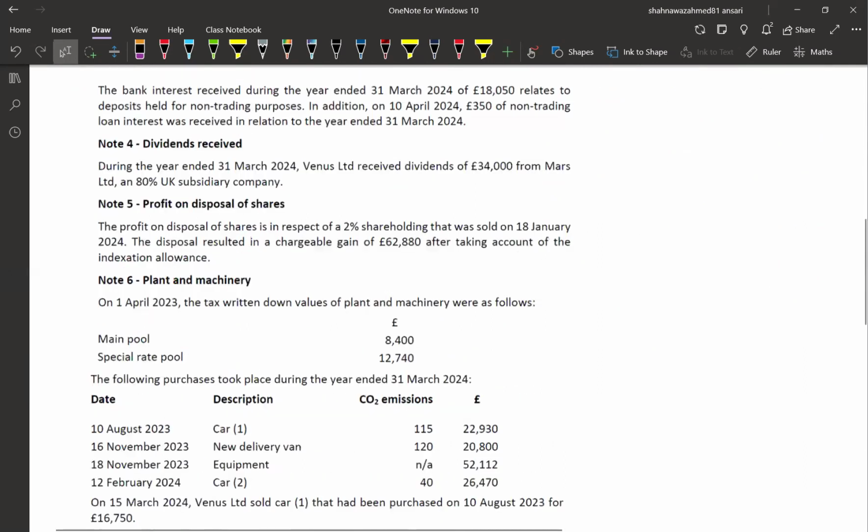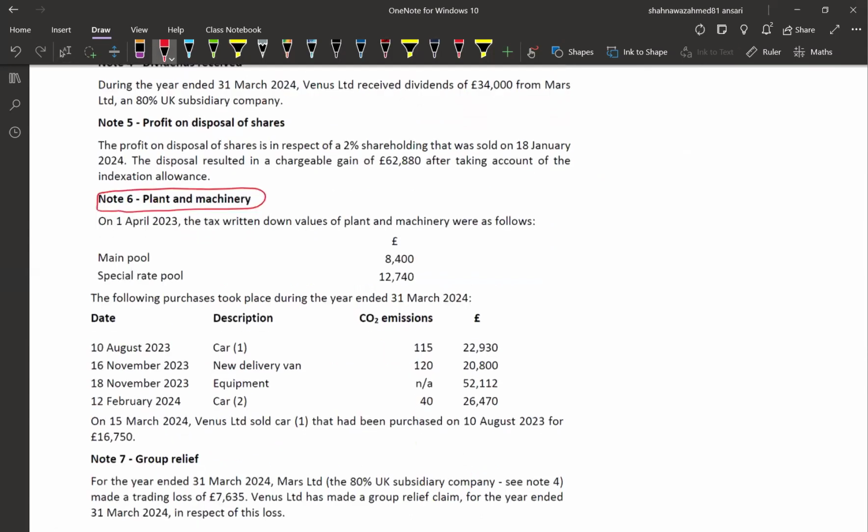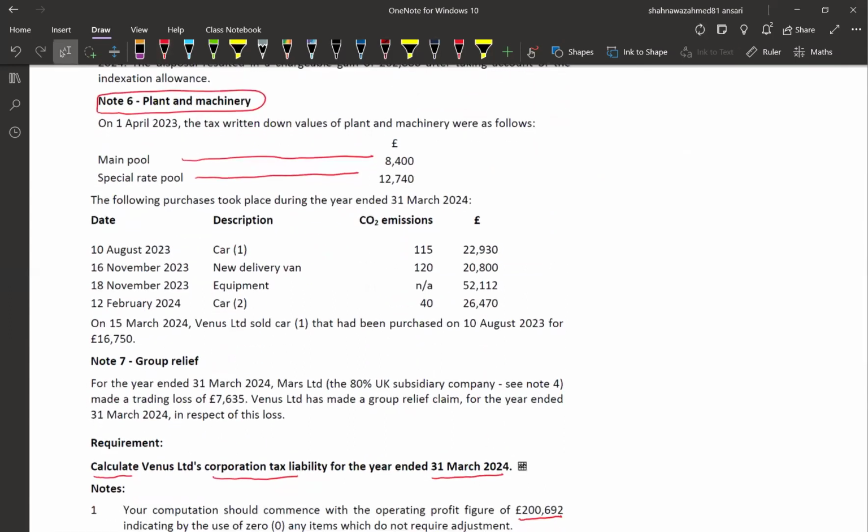Now let's talk about plant and machinery, because we have to calculate capital allowances. At the beginning of the year, we have a main pool balance of 8,400 and a special rate pool balance of 12,740. Then during the year, we acquired car 1 having CO2 of 115, so that means it's a special pool item car.